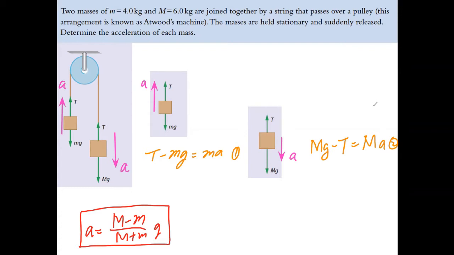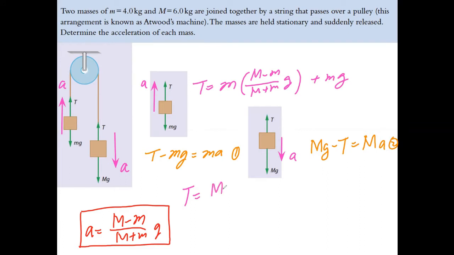Put the acceleration back into equation 1, which is T equals m1 times the acceleration, m2 minus m1 over m1 plus m2 times g, plus m1g, and we need to simplify.